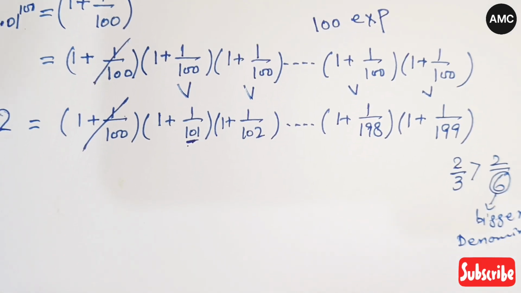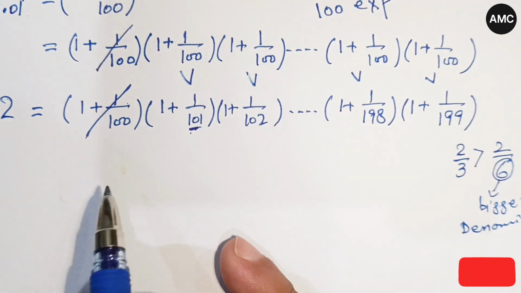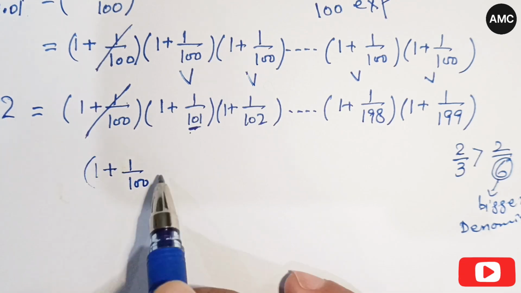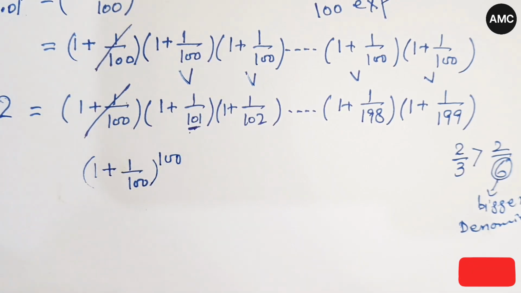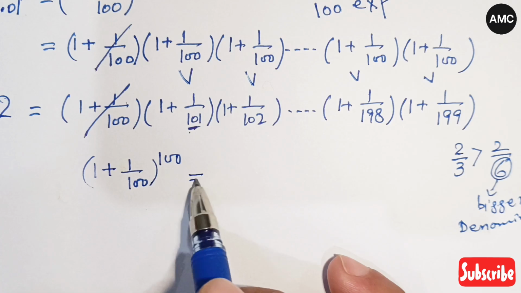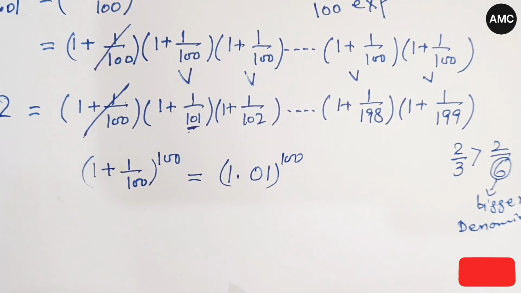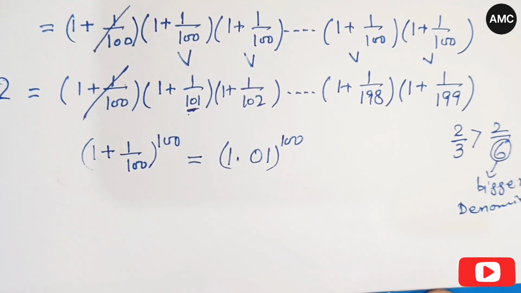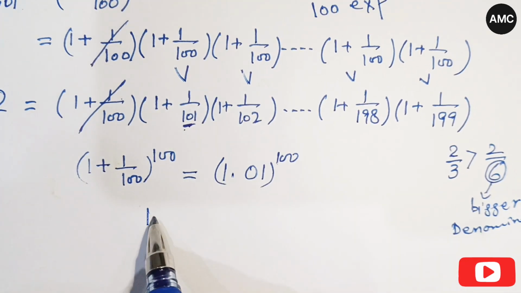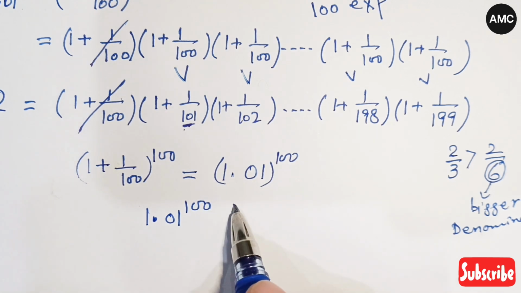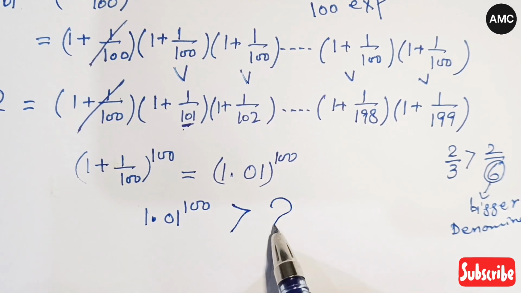Therefore, 1 plus 1 over 100 whole to the power 100, which is equal to 1.01 to the power 100, is greater than 2.